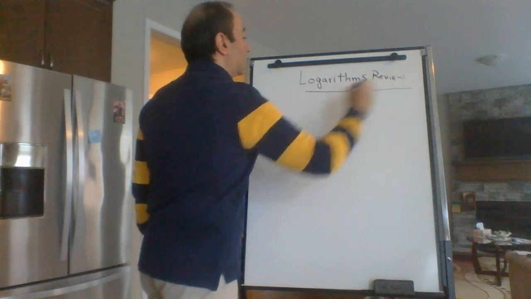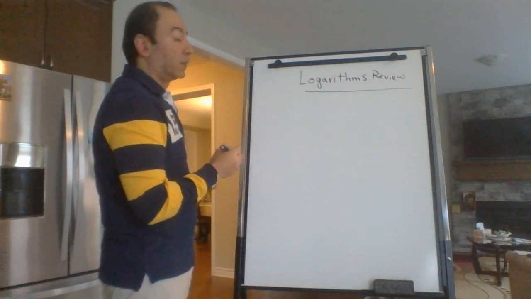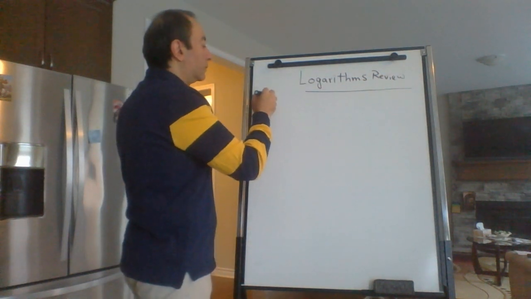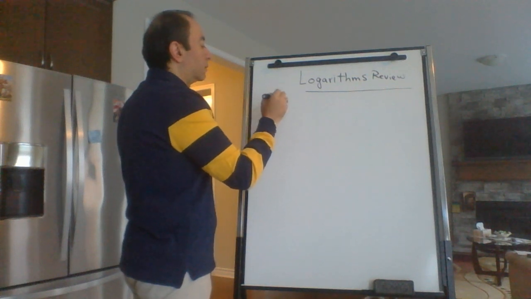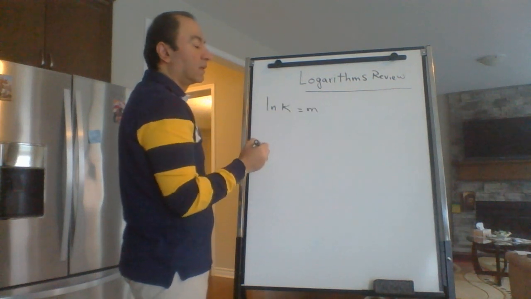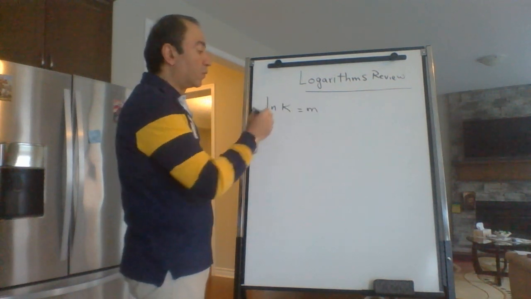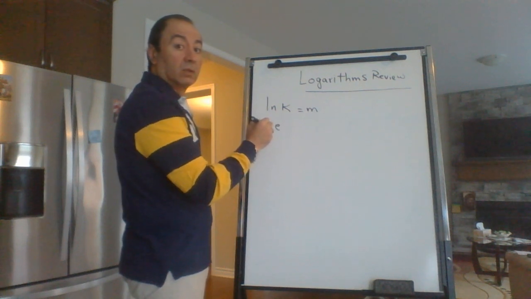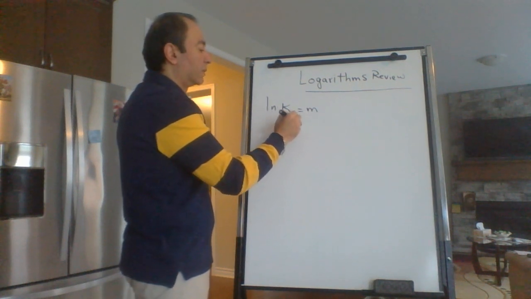First thing I want to review: if we have ln k equal m, this can be written in exponential form as e to the power of m equals k.